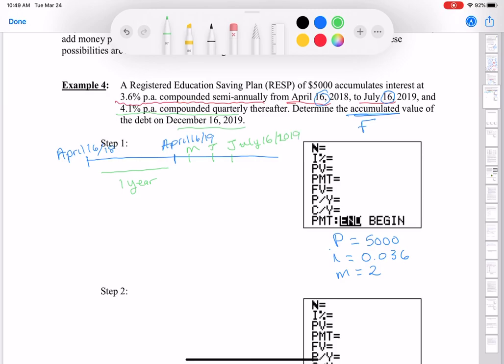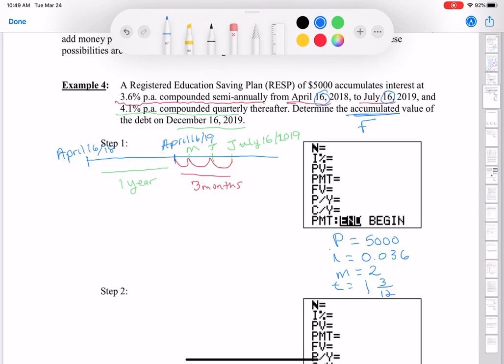And again, remember that when we're counting the months, that we are counting the spaces between. So we have 1, 2, 3 months. So we know that our time for this first step is 1 year and 3 months.